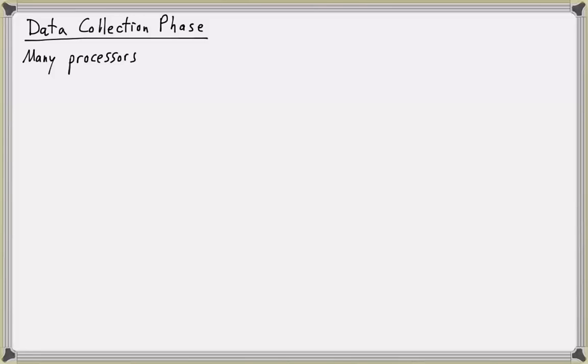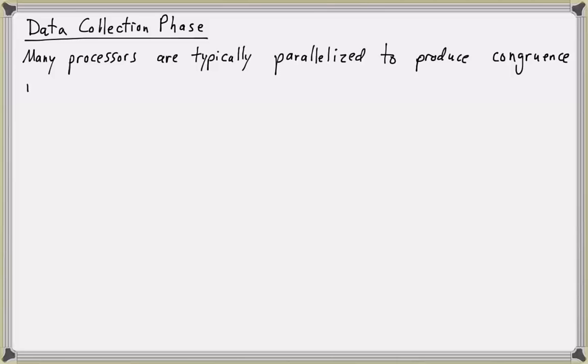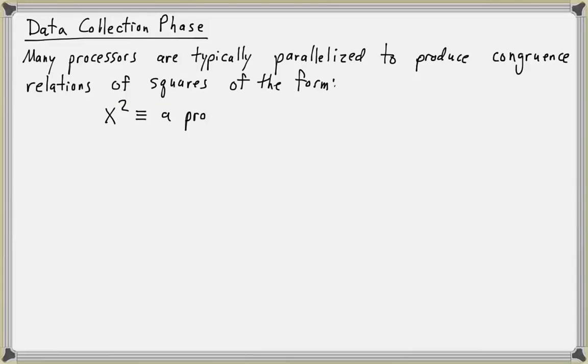So many processors are typically parallelized to produce congruence relations of squares of the form x squared is congruent to a product of small prime numbers mod n.